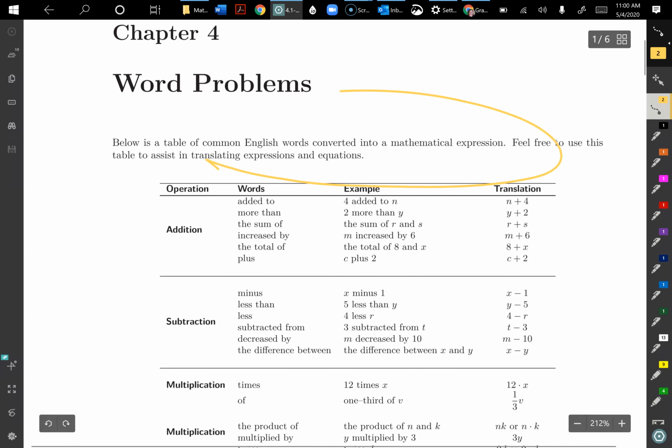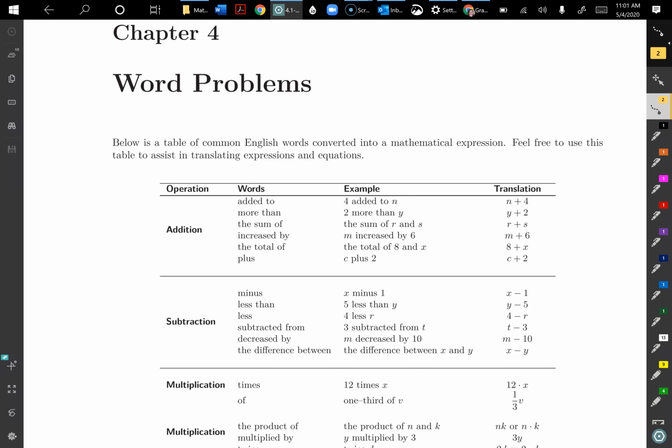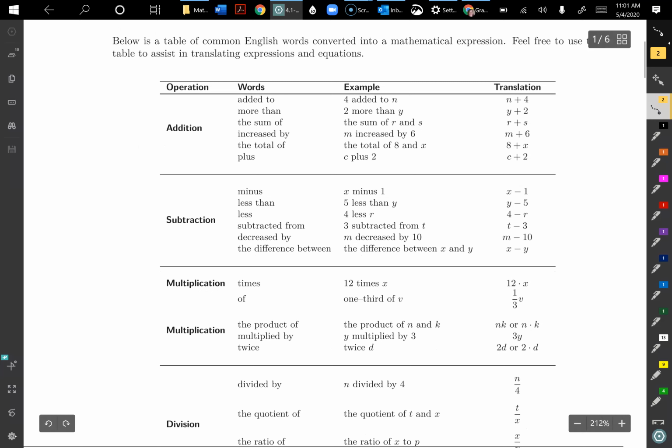So start with that. And anything you're not familiar with, you're probably pretty used to this stuff by now, but some of the things are a little bit trickier. For example, if you have the difference between X and Y, whichever one comes first will go on the left.